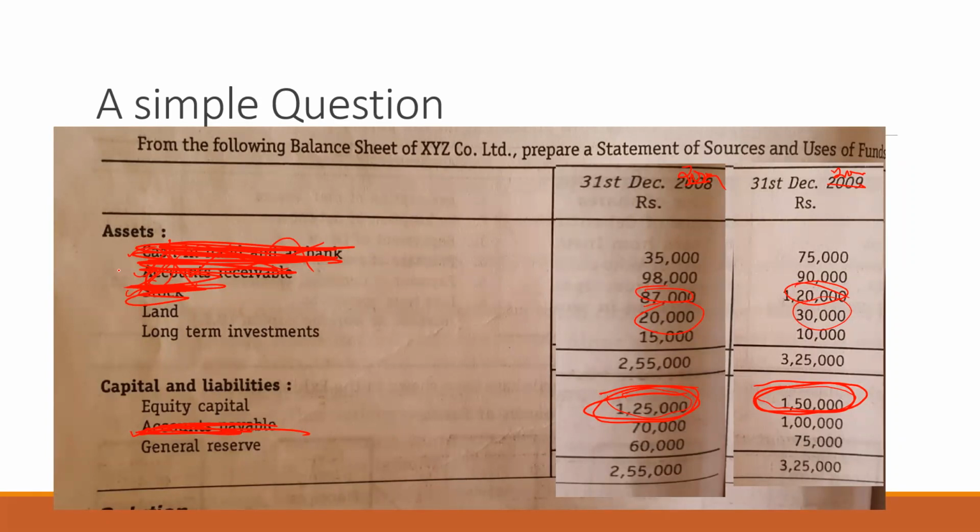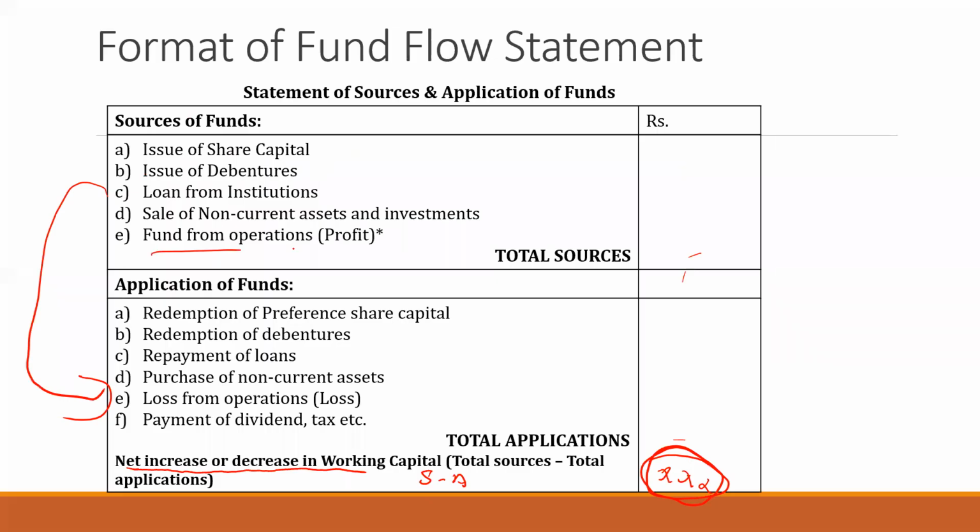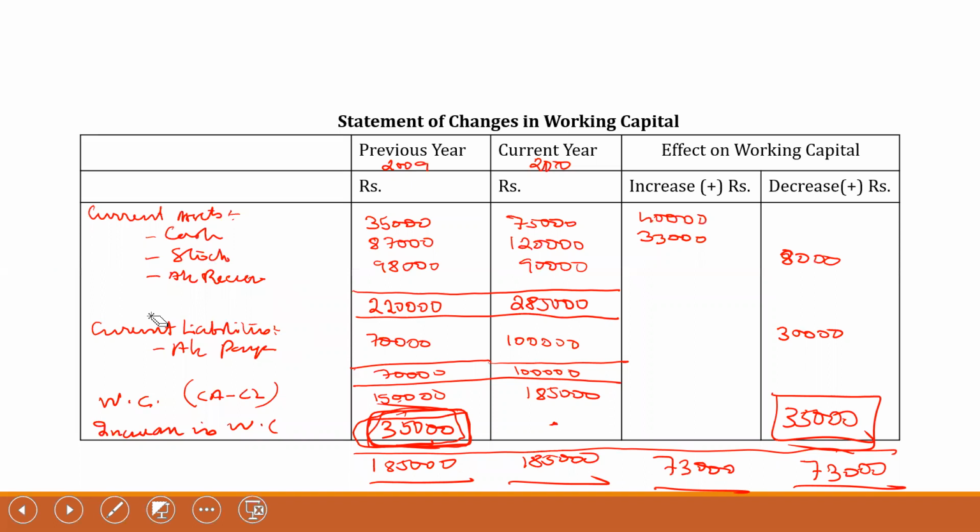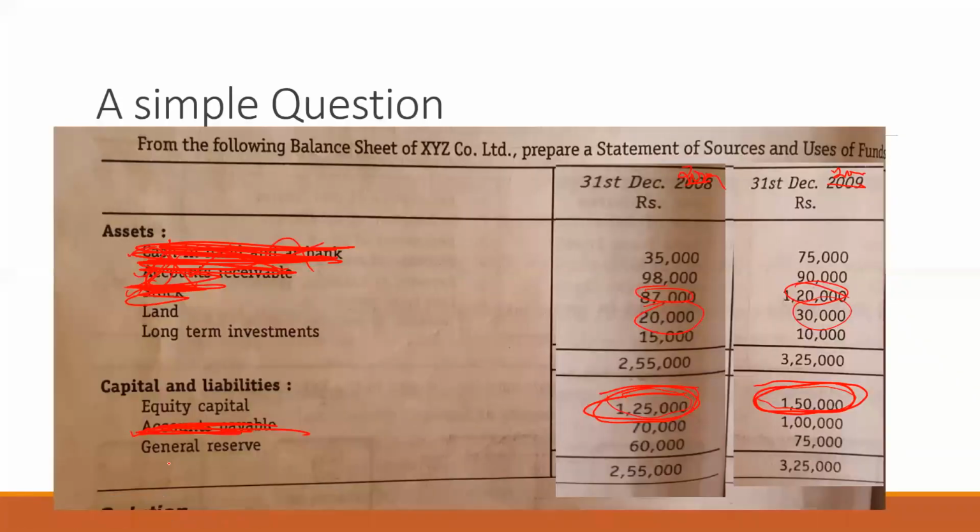Okay, what is the next item for source? The major source. General reserve. Fund from operations. We don't have any adjustment, so we are taking the difference in general reserve. What is the difference in general reserve? 15,000.